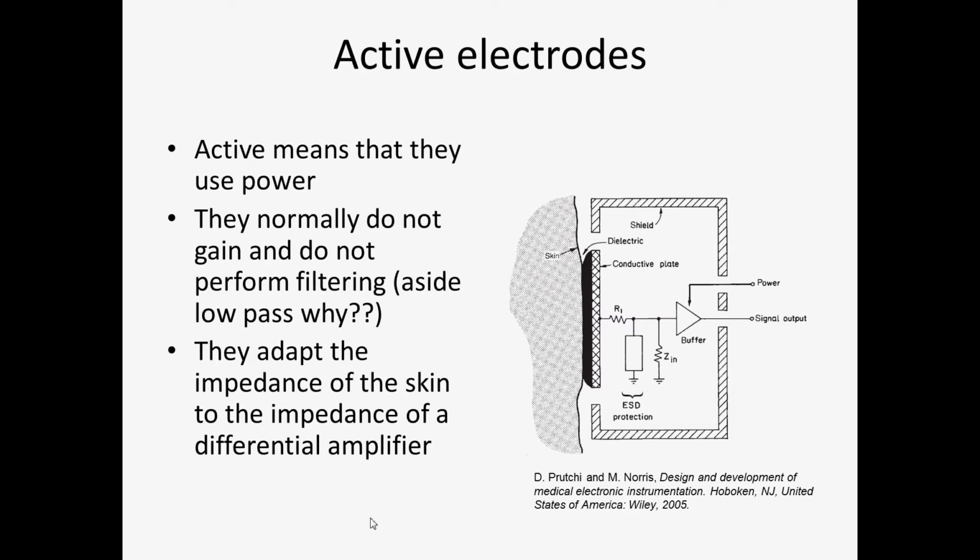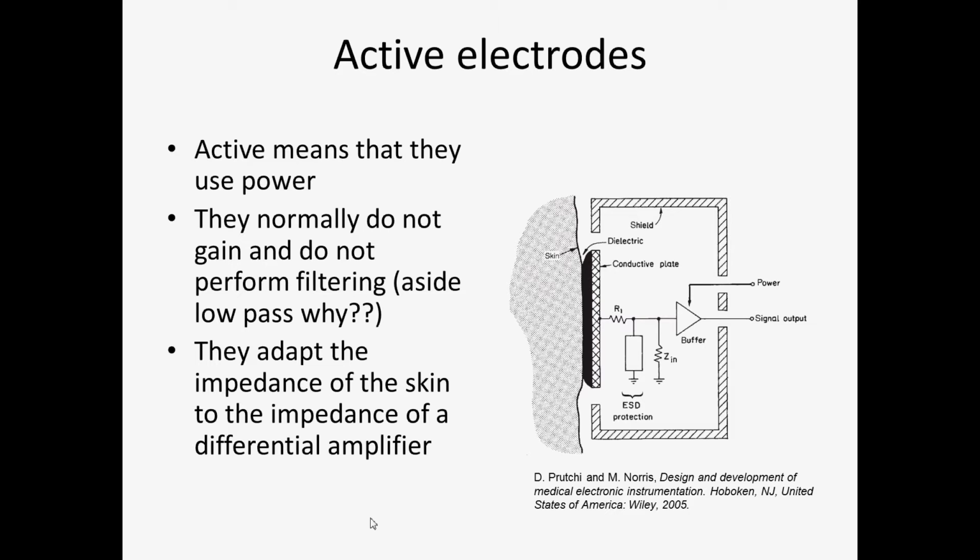And those are the so-called active electrodes, which are really in fashion for EEG recordings, because EEG suffers from all possible ways of noise capture. The shorter the connection between electrodes and amplifier is, the better it is. So there are a number of ways of making that.